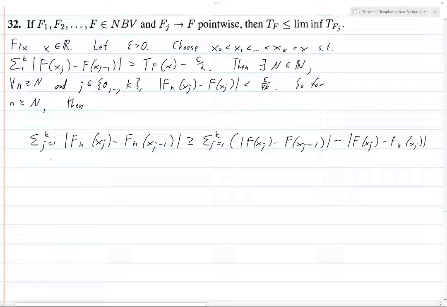And then we're also going to subtract this other term. It's a little messy, but I'm trying to conserve screen space.